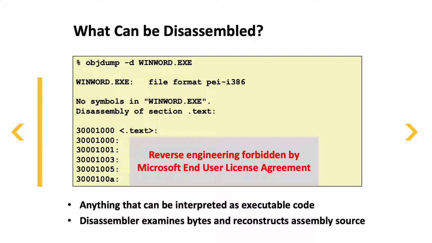So if you're using Windows, do not do this. That's forbidden by your End User License Agreement. So you want to be a little careful. And if you're doing this just to play around and see what things look like, write your own code, please.